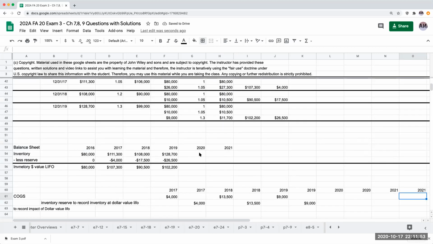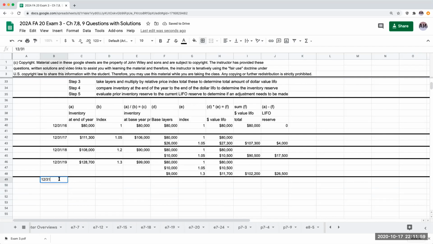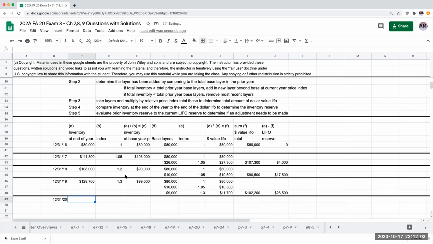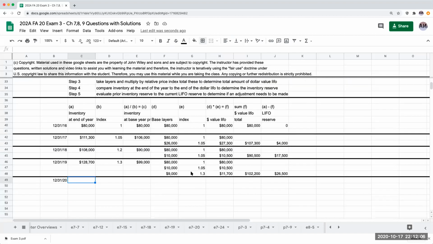All right, so for 2020, my ending inventory at end of year prices was 147, and this is at 1.4. So to make this into base year prices, I'm going to divide that in. I get 105. So when I compare this to here, I'm adding another 6,000.